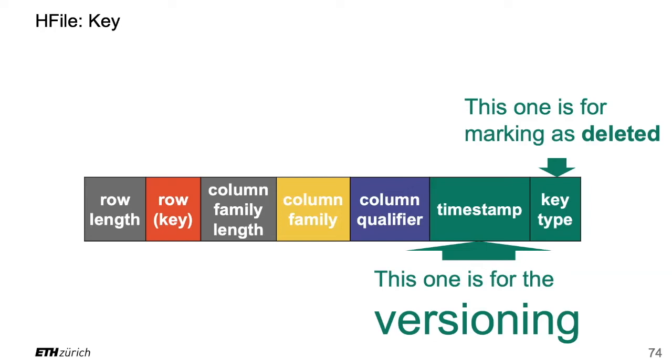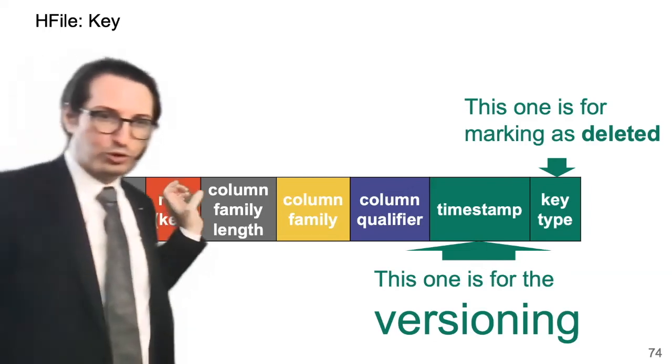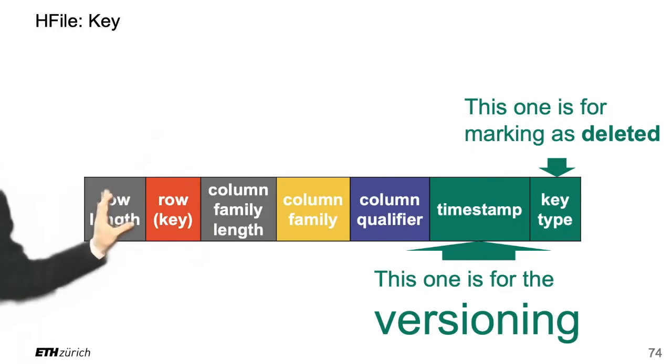Okay, now we still need to make sure to deal with the elasticity because the row can also be elastic. We don't know the size of the row ID. The column family can also be elastic, right? The column qualifier can also be elastic. All we know is the total size, which was given by the key length given earlier. But now what we need to store is also the row length, so the length of the row ID, right?